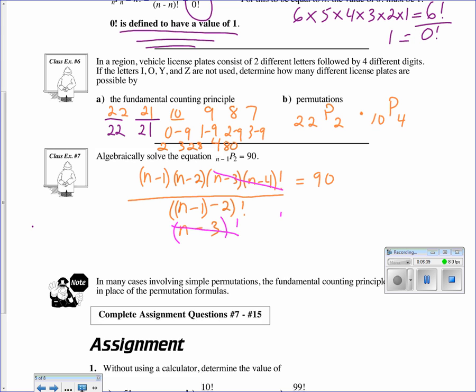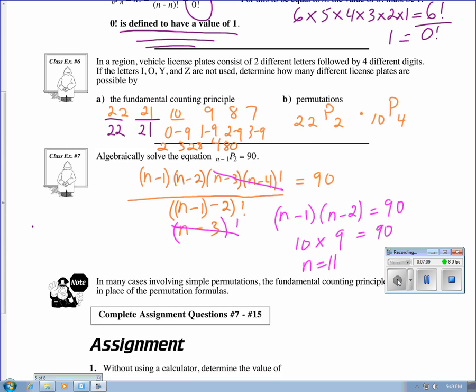And I'm left with a binomial: n minus 1 times n minus 2 is equal to 90. And maybe you know 2 numbers that do that. I know I do. 10 times 9 will give me 90. So what does that mean n is? I think that means n is 11.